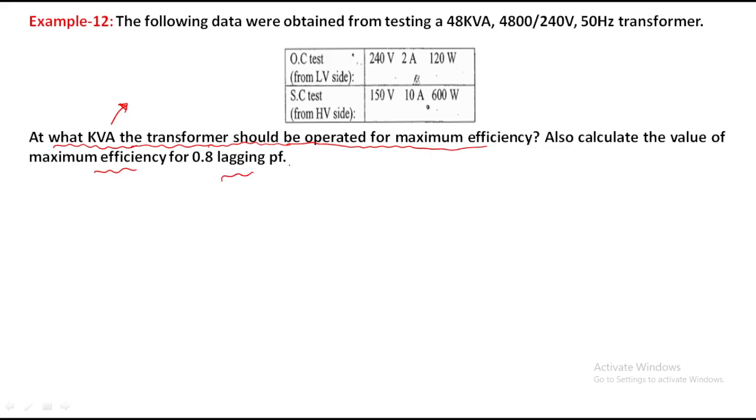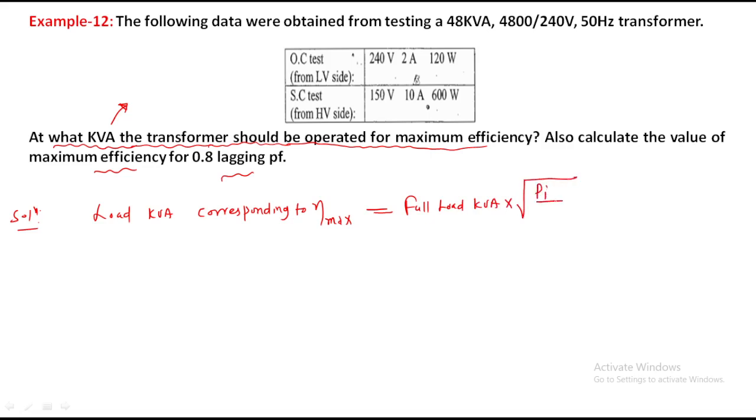So what is the formula to calculate load kVA corresponding to maximum efficiency, right? It is load kVA corresponding to efficiency max, which equals full load kVA into square root of Pi by PCU.